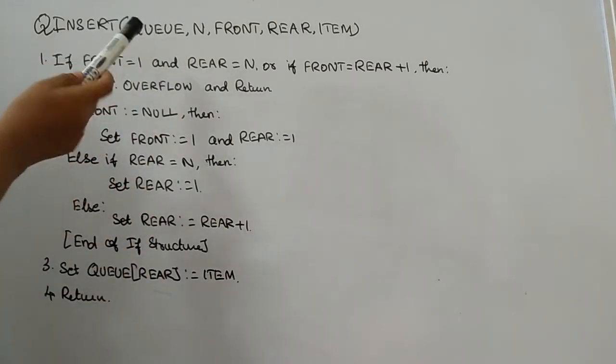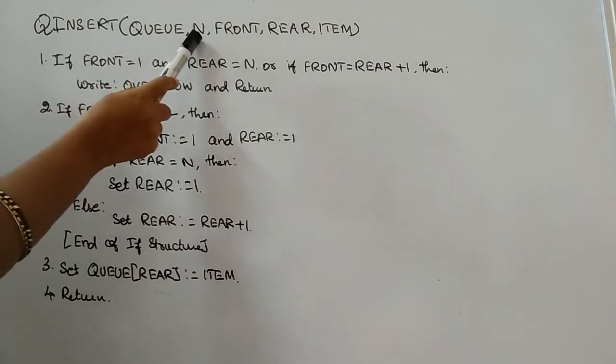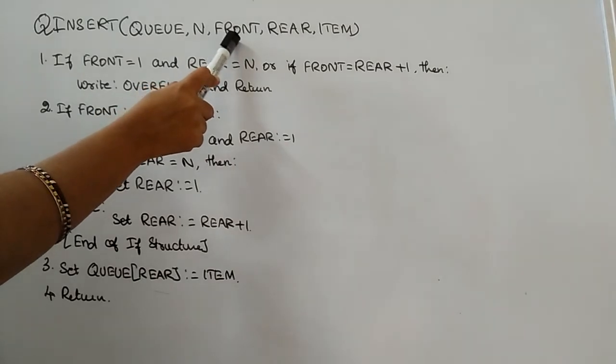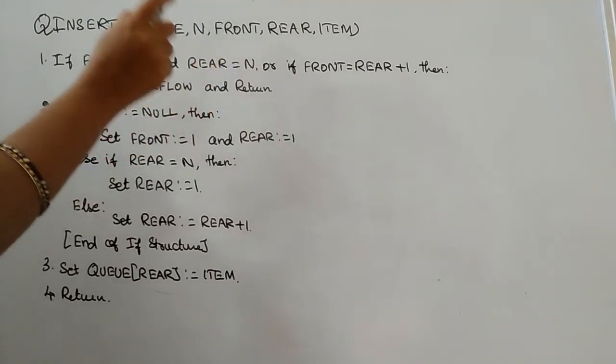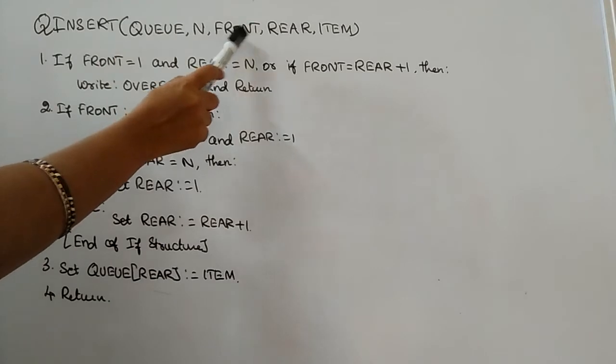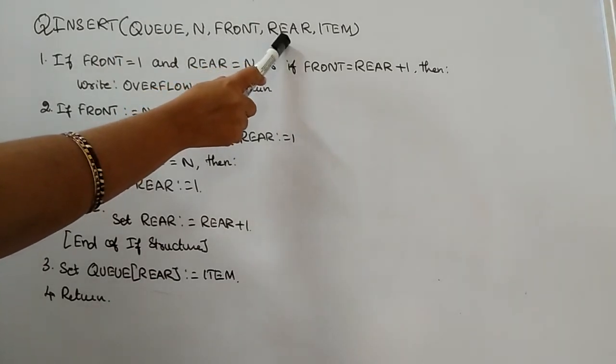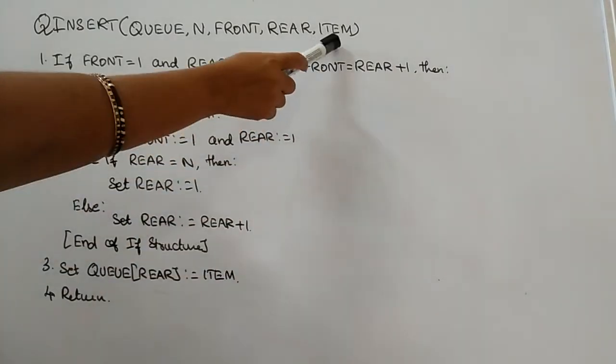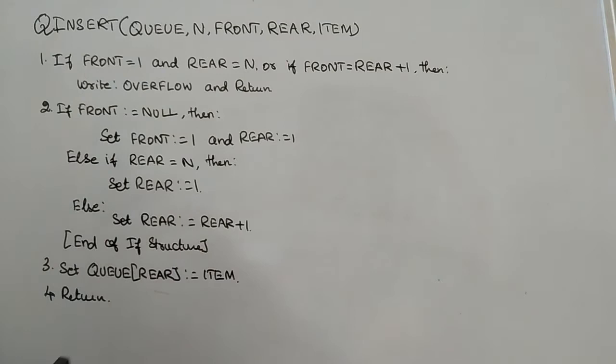So q is an array, n is the maximum size of the q, front is the variable pointing to the front end, rear is the variable used to point to the rear end, and item is the element to be inserted into the queue.